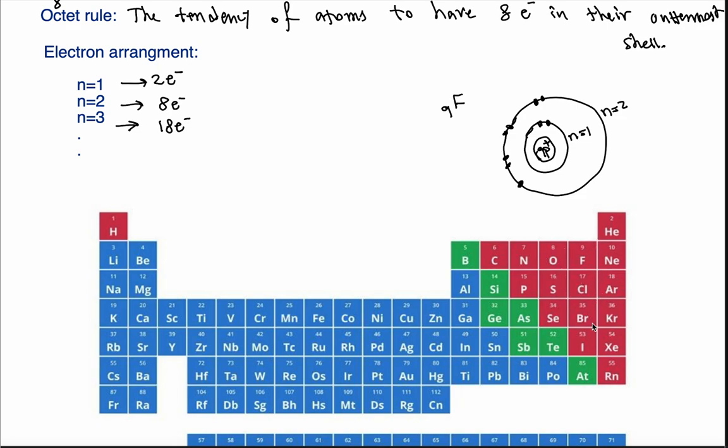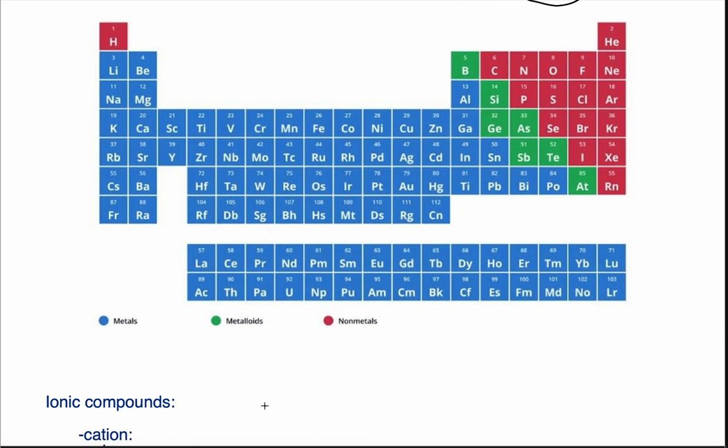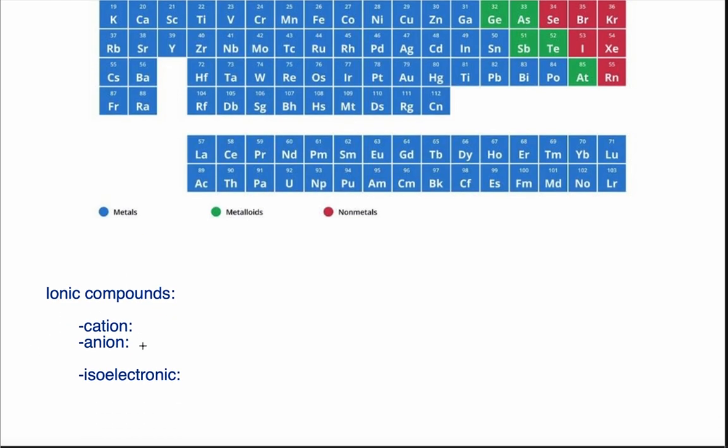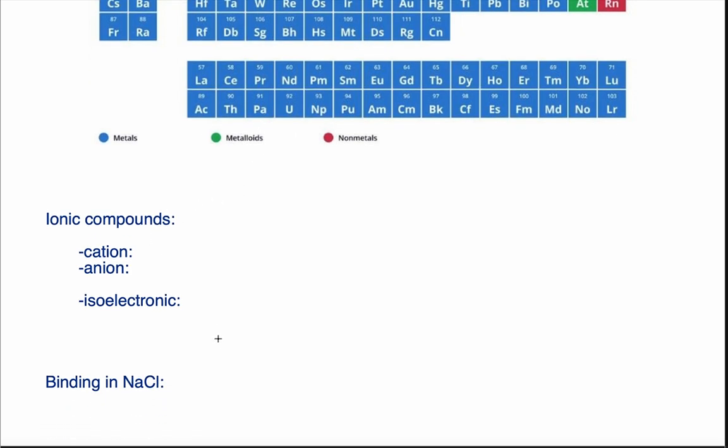Non-metals, to reach their full octet, gain electrons, and the metals, to reach their full octet, lose electrons. We're going to need this concept when we go over ionic compounds. So we have two different kinds of compounds. We have molecular compounds and we have ionic compounds. We are going to go over molecular compounds or covalent compounds later. First, we're going to go over ionic compounds.